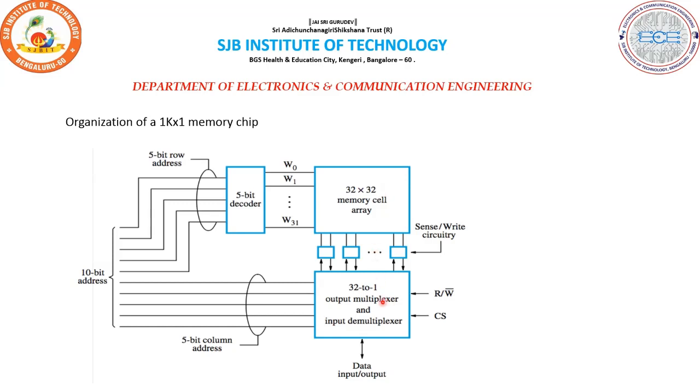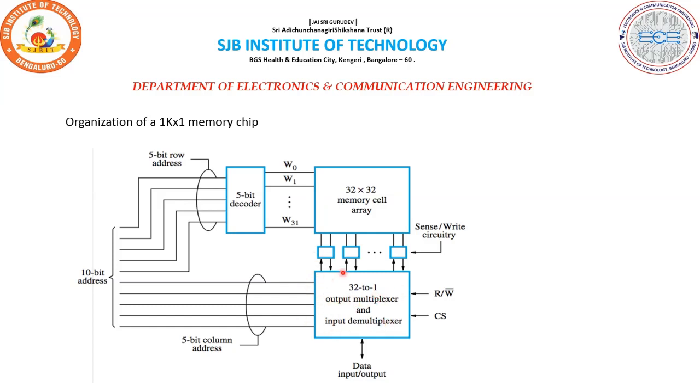Because the data input is a single bidirectional input output line, it is given to the multiplexer. A demultiplexer acts like a decoder, with one input and multiple outputs, while a multiplexer has multiple inputs and a single output. So this is the output multiplexer and the input demultiplexer.